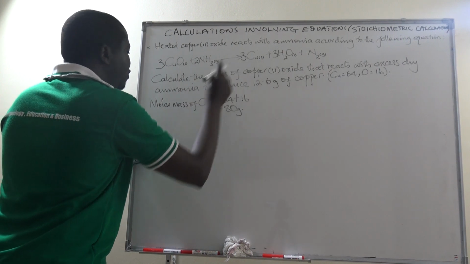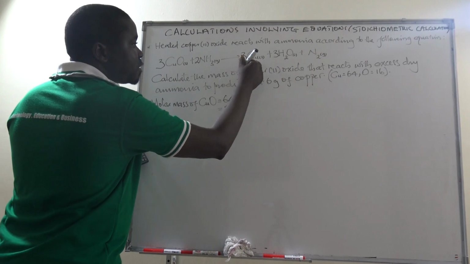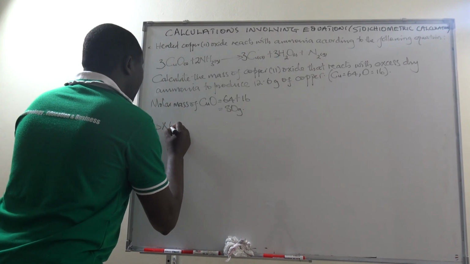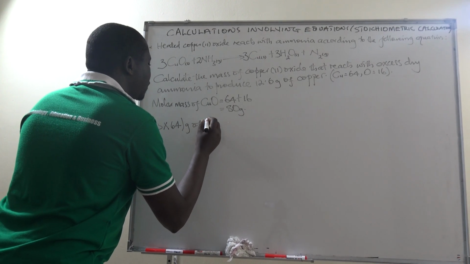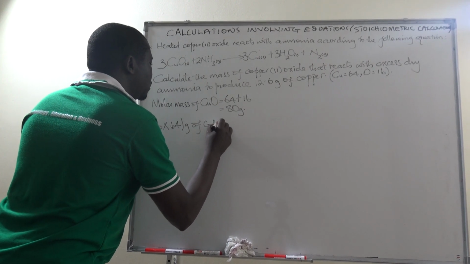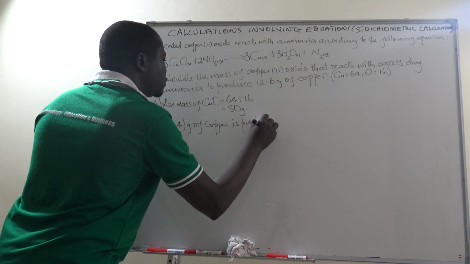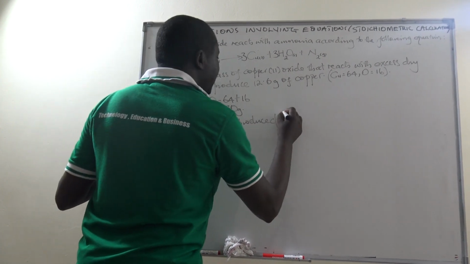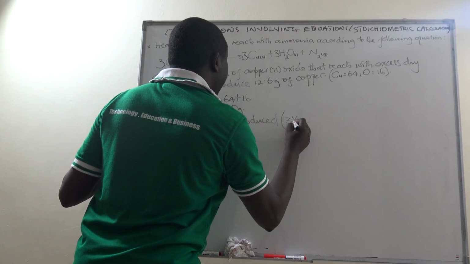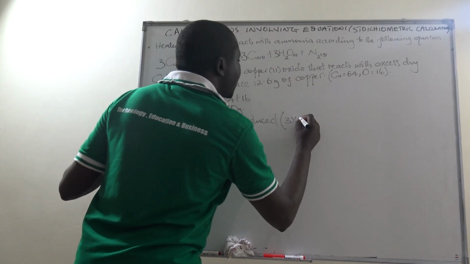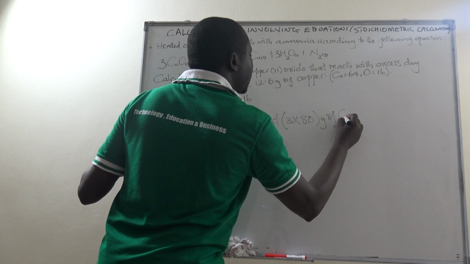So we have 3 moles of copper, that is 3 times the mass of 1 mole of copper, which is 64 grams, so 3 times 64 grams of copper is produced by 3 moles of copper(II) oxide. That is 3 times 1 mole of copper(II) oxide, which is 80 grams, of copper(II) oxide.